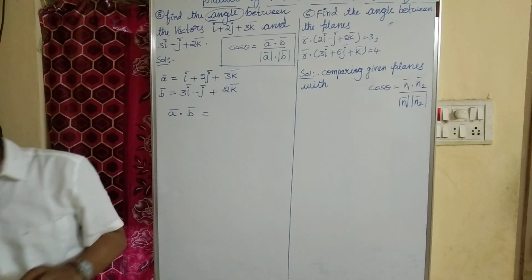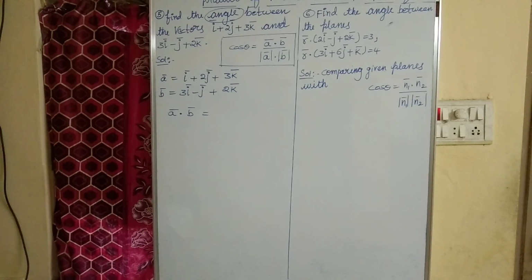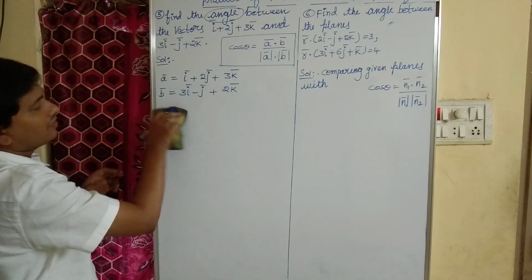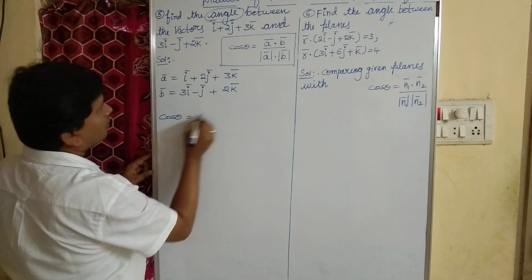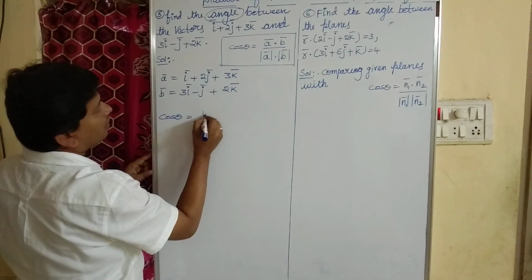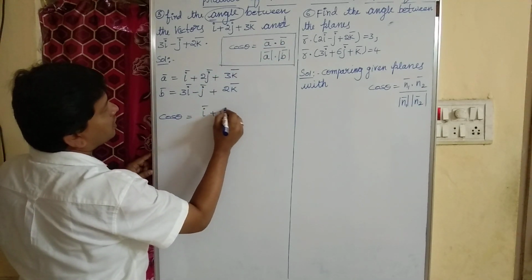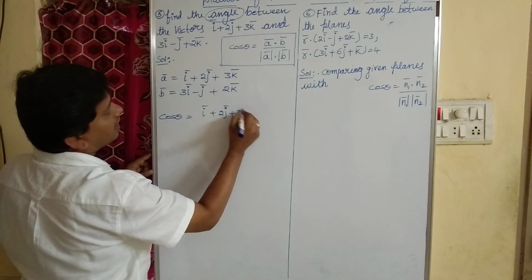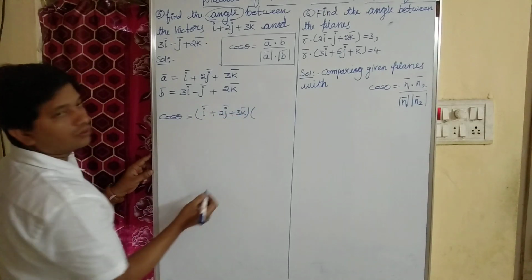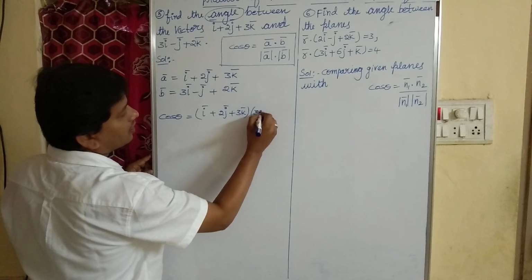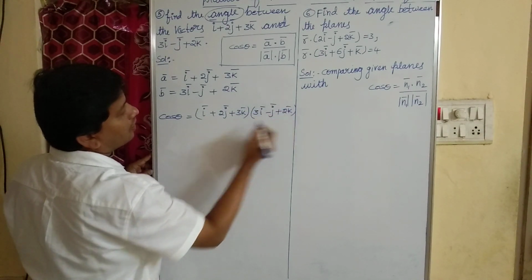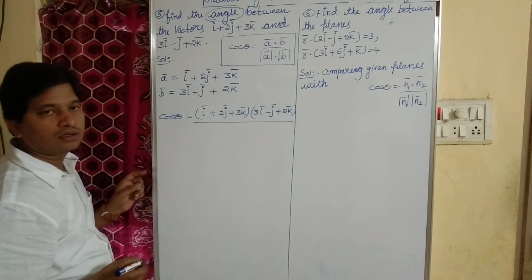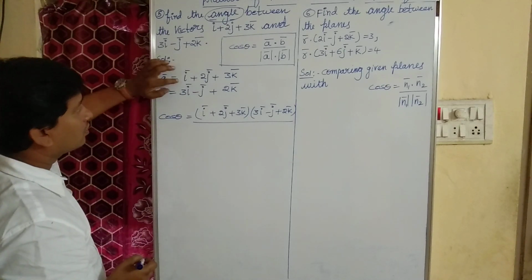Directly let us write cos theta equal to a bar dot b bar, I mean i bar plus 2j bar plus 3k bar dot 3i bar minus j bar plus 2k bar, by modulo of a bar.